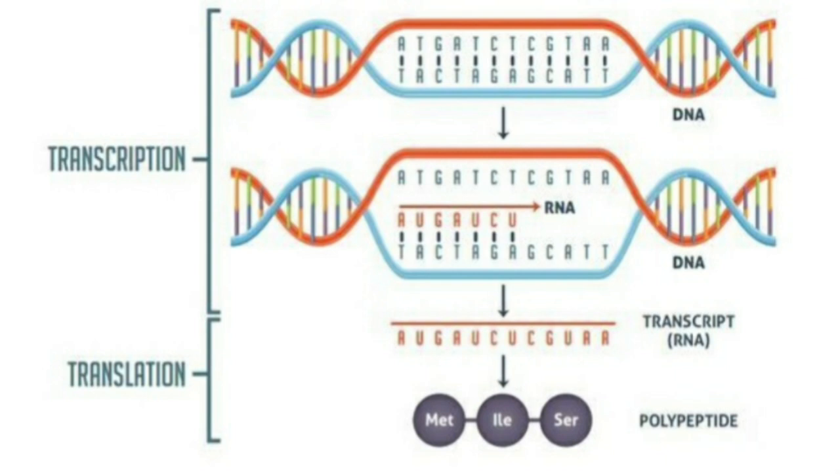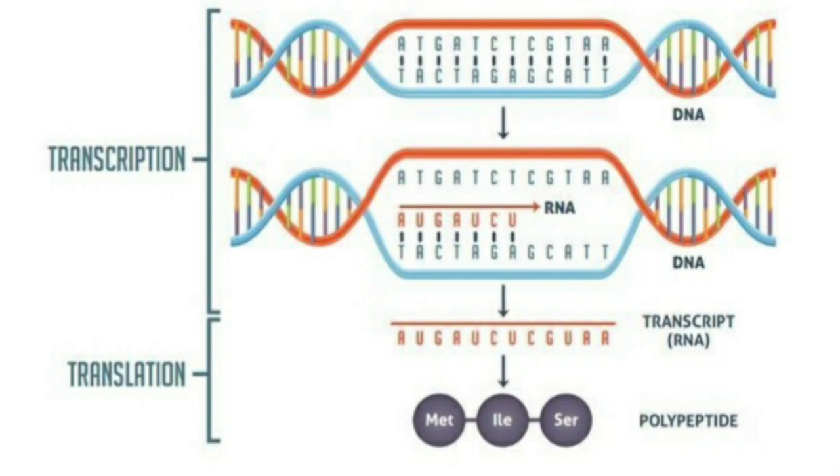Translation is a process where the mRNA is then translated into a protein by ribosomes in the cell cytoplasm. Gene expression is regulated at multiple levels, including through epigenetic mechanisms like DNA methylation and histone modification, which can silence or activate genes without changing the underlying DNA sequence.